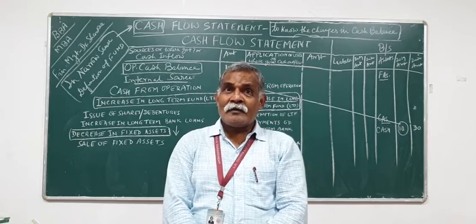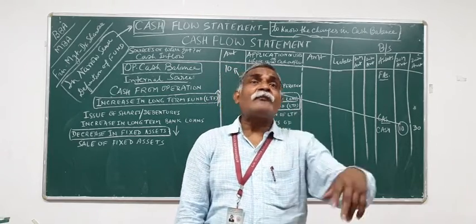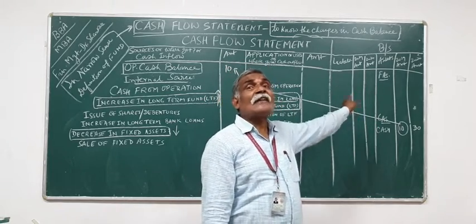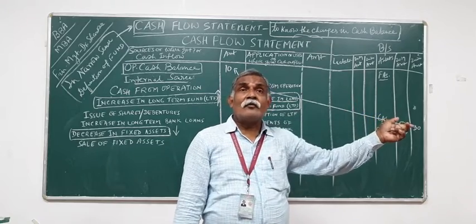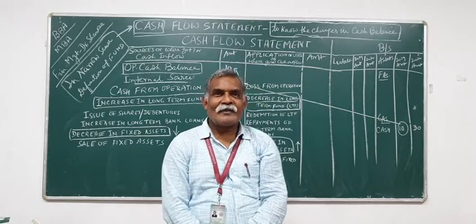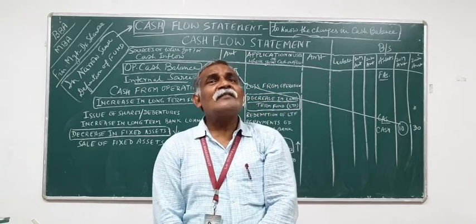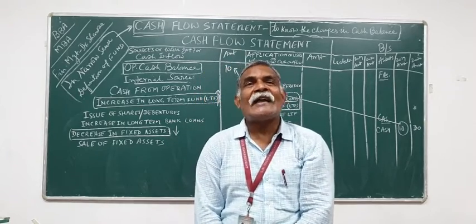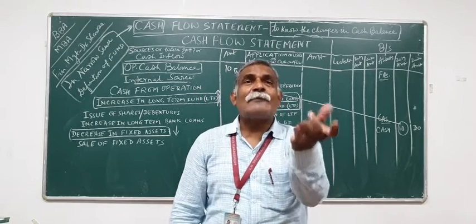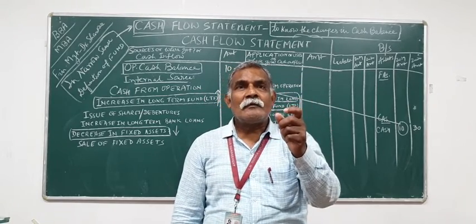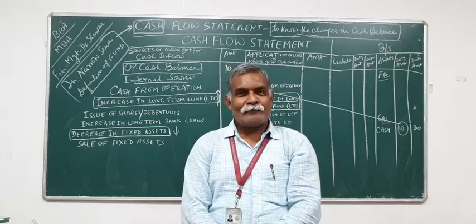So now you have to see the impact of that long-term fund which becomes source. Now you tell, what changes will come in long-term fund, which type of changes will give you cash?